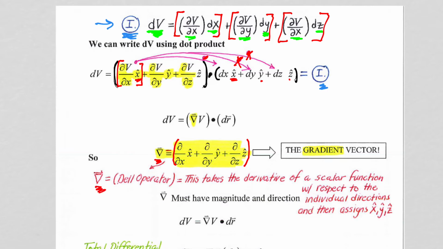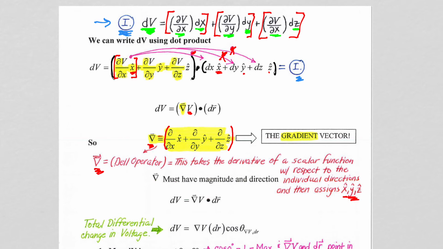So please make sure you get in your notes, if you go back and look at this at some point, that the del operator takes the derivative of a scalar function, in our case the voltage, with respect to individual directions and then assigns x hat, y hat, and z hat to those directions. Hopefully that makes sense.